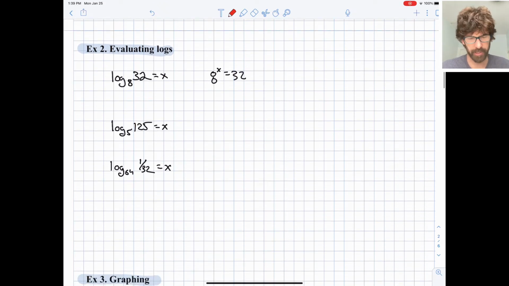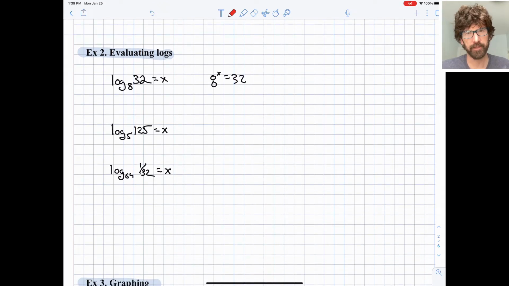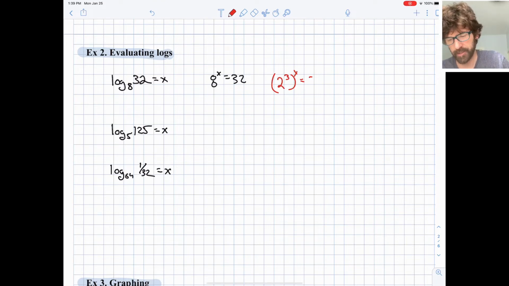Evaluating logs, we're going to try to do this without our calculator at this point, just by hand. So for this first one, we have log base 8 of 32 equals x. We could rewrite that in exponential form and think about what x is if 8 to the x is 32. It's still not exactly clear, but both 8 and 32 are powers of 2. So we can rewrite this as 2 cubed to the x equals 2 to the 5th.